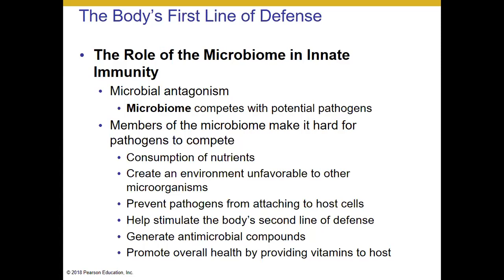An example of this would be lactobacillus, a common bacteria in a lot of flora, and they produce acid, which causes a shift in pH. And that shift in pH can make an unfavorable environment for a lot of organisms.